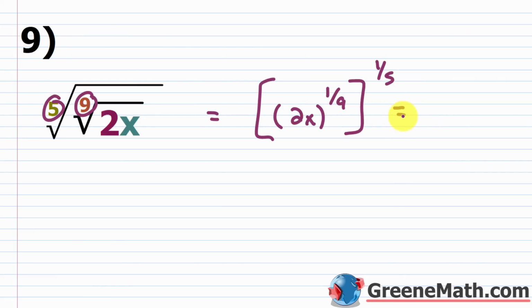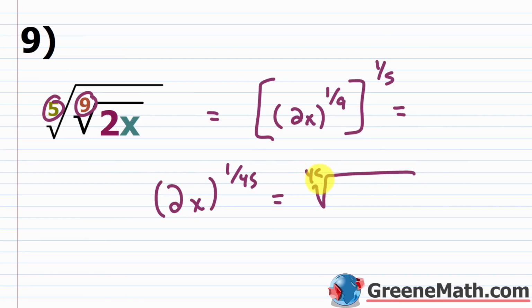Okay, so using the power to power rule, what do I have? 2x stays the same. Multiply exponents. 1/9 times 1/5 is going to be 1 over 45. And again, you can write this as a radical by saying this is the 45 here for the index, and the radicand is this 2x. So if you want to do this immediately, or if you want to go through all these steps to make this make sense for you, either way, this would be your answer.